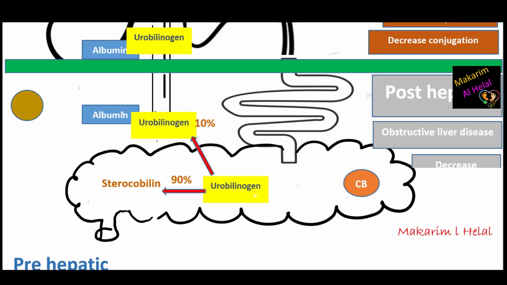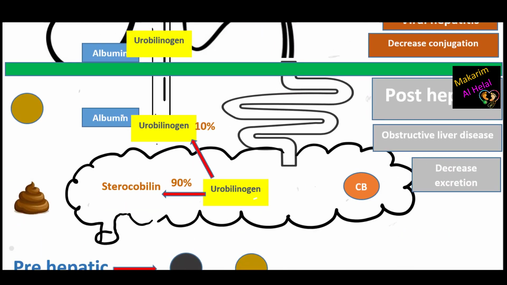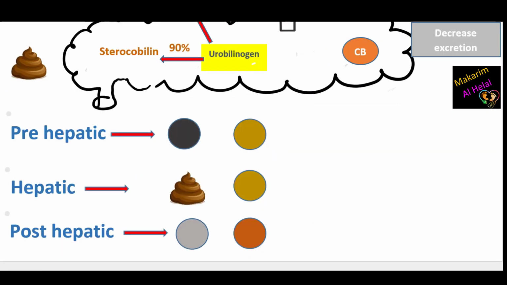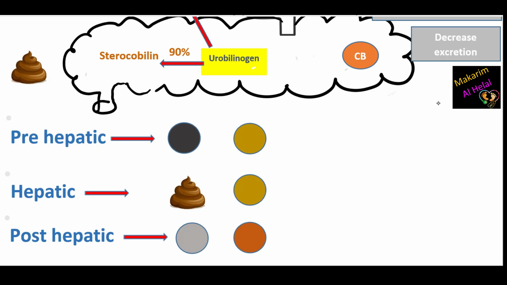If after the liver, it is post-hepatic jaundice, most commonly obstructive liver disease due to decreased excretion. The character of urine and stool: in pre-hepatic, dark stool and dark urine; hepatic, normal stool and dark urine; post-hepatic, clay stool and dark tea color urine.